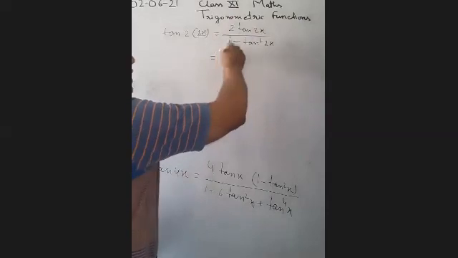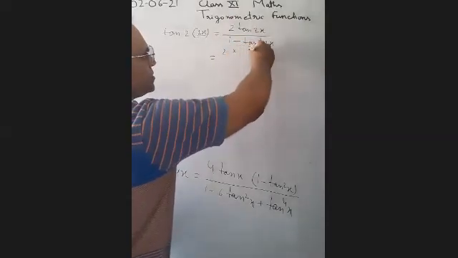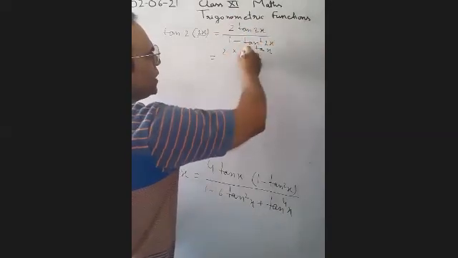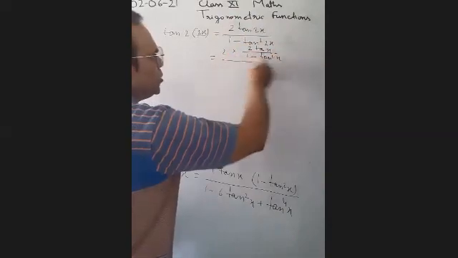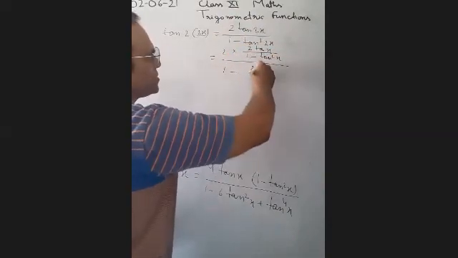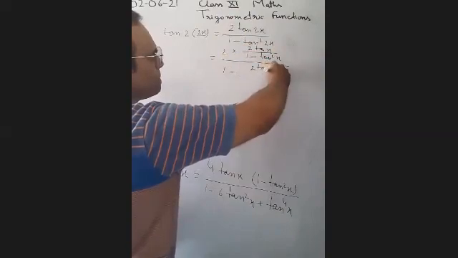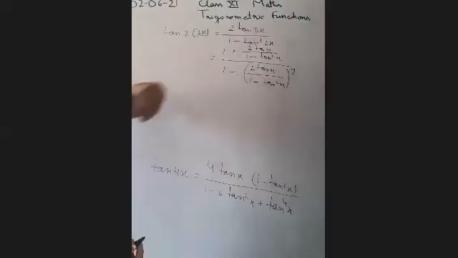2 tan 2x is equal to 2 tan x divided by 1 minus tan square x. In the denominator also, 1 minus 2 tan x... we are using the tan 2x formula again.